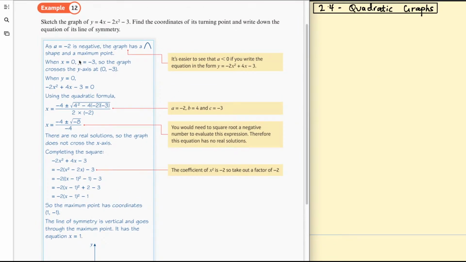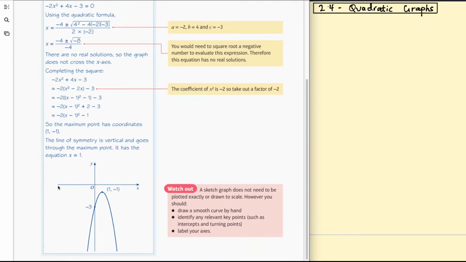Also, this example is interesting because it's an example where we have no real solution, so no root. So the graph does not cut the x-axis at all.